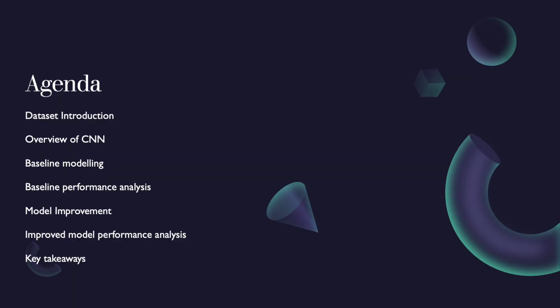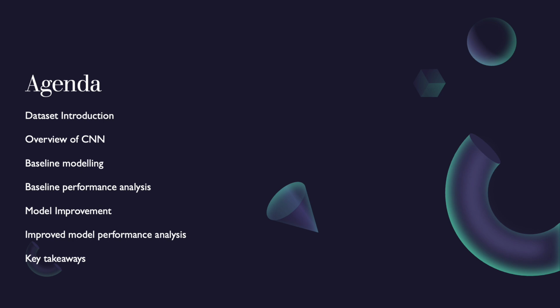Here's the roadmap for our discussion. We will start by introducing the datasets, including the Cypher-10, MNIST, and an additional dataset named Places. Then we'll review the basics of CNNs and walk through the baseline CNN modeling using Cypher-10.